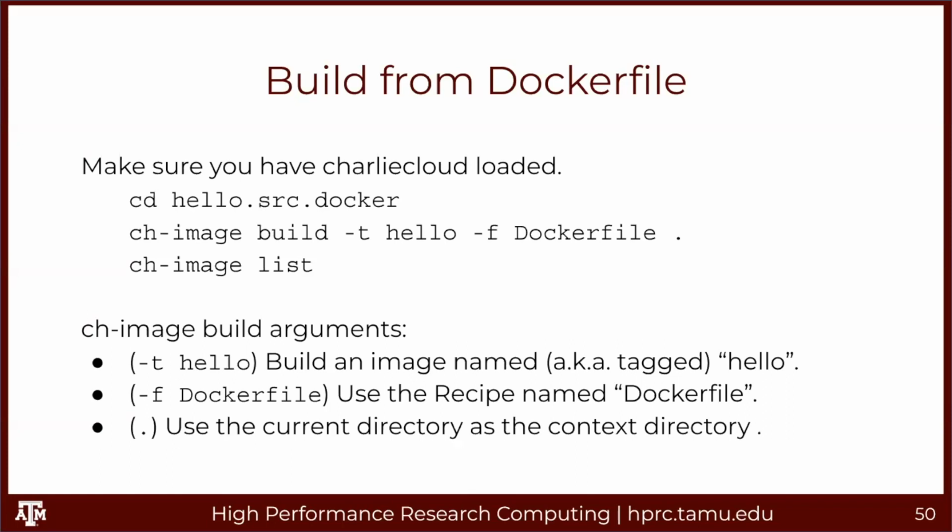And the dot argument is what is the context directory? The context directory is usually the same directory as where the Docker file is. That's the directory where the things needed to build the container image are to be found. So we will need hello.py. It's in the current directory. So we tell chimage, everything you need is in the current directory.